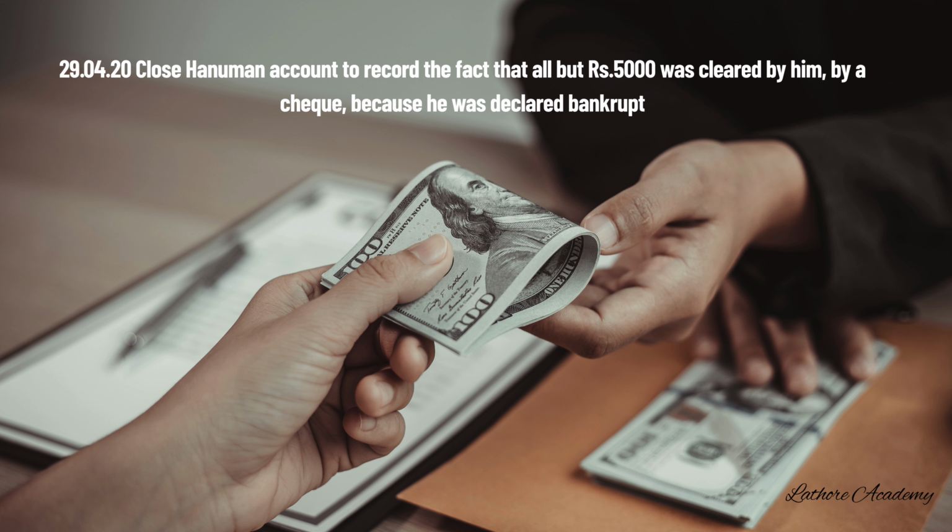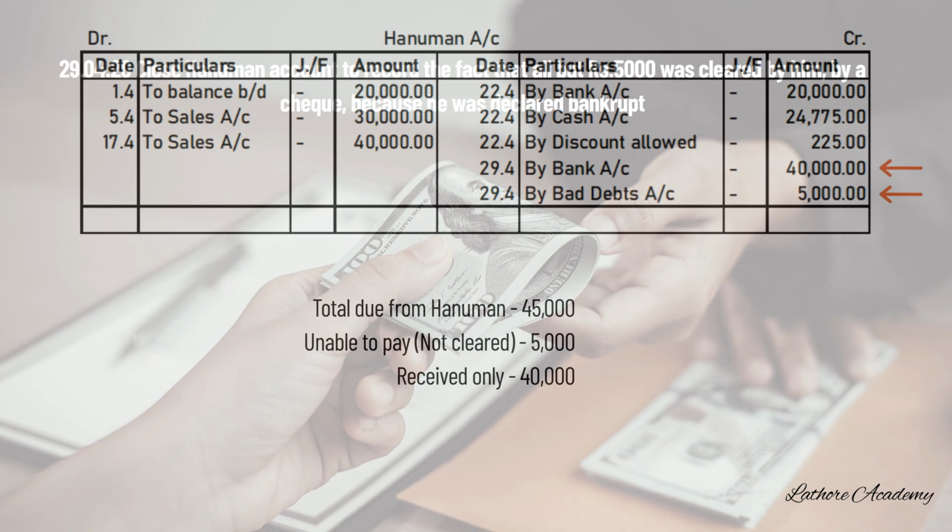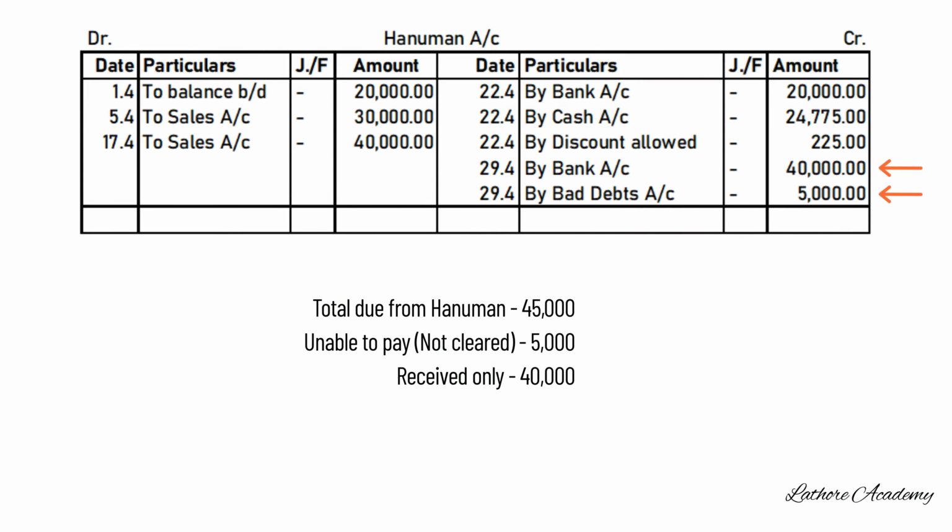Along with analytical skills, you should also be good at language. He has cleared all the amount except 5,000. Generally, students make the mistake of thinking 5,000 is being received or cleared by him. No, 5,000 is the amount which is not received, and the balance amount is being received.